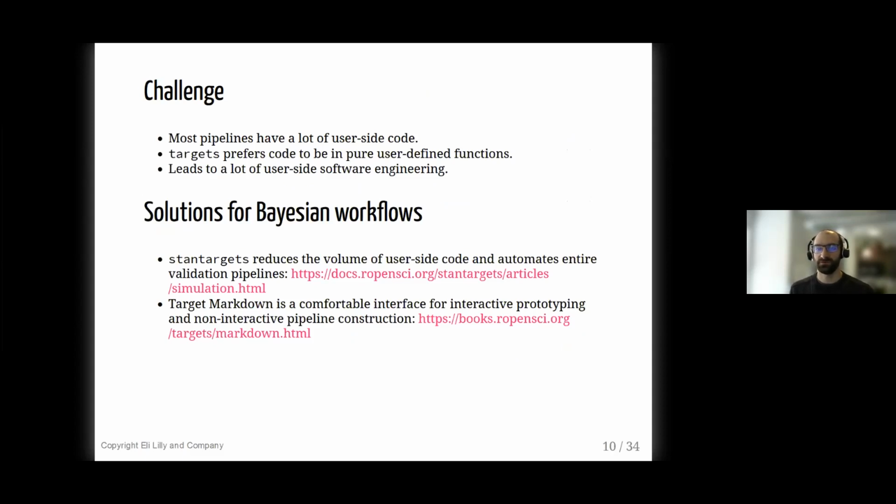If you're developing a Bayesian workflow for a research paper, you'll end up writing a lot of your own code to specify the model and run it and post-process it and produce the figures and tables for the paper. But targets enforces a very function-oriented style.